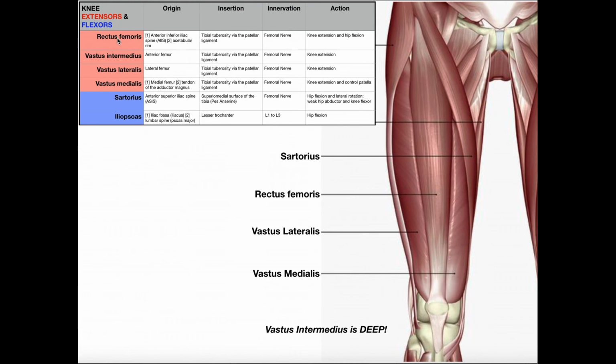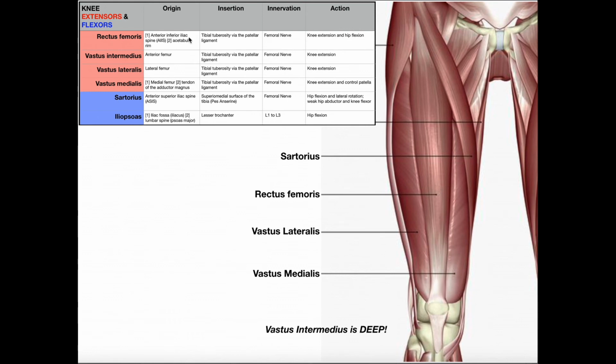Rectus femoris does not originate on the femur. In fact, its origin is the anterior inferior iliac spine, or AIIS, and the rim of the acetabulum, or acetabular rim. Remember, the acetabulum is the cavity in which the head of the femur sits in the pelvis, or I should say the os coxa. And so those are two origins of the rectus femoris.